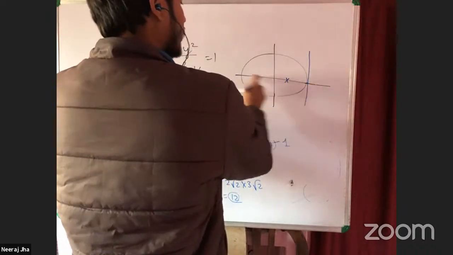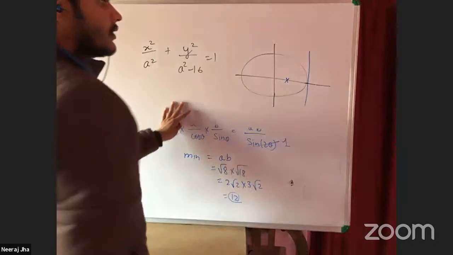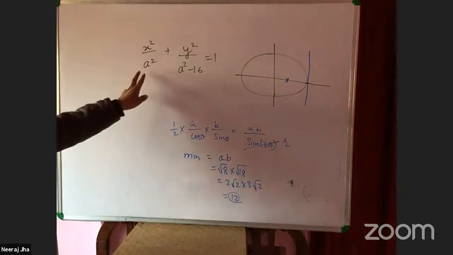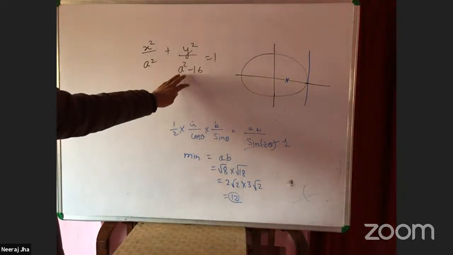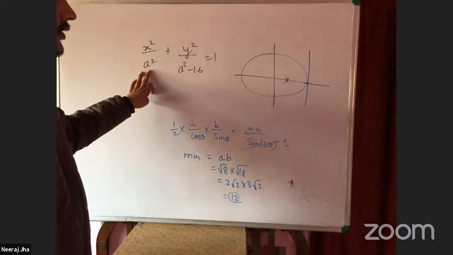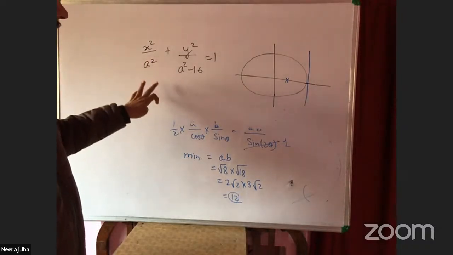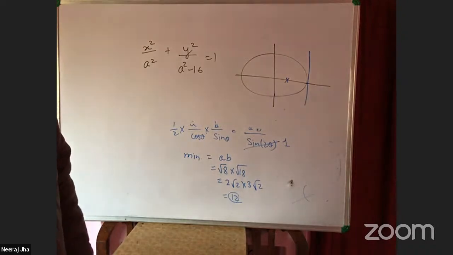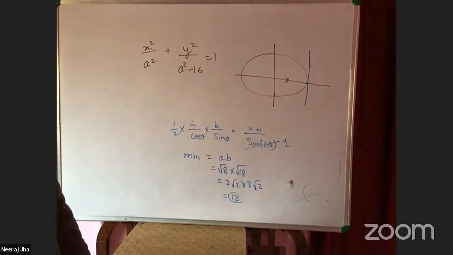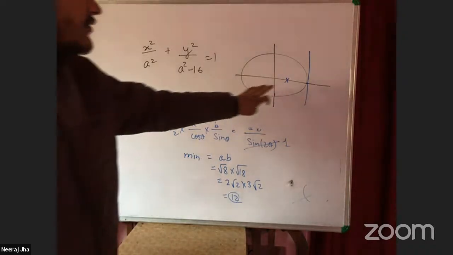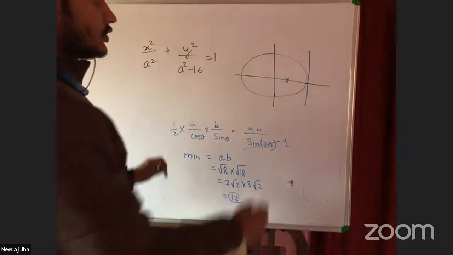It can be like this or it can be over here also. That we have to identify. This will be greater than 4, I mean a square minus 16. This will be bigger, because it has been given that a is greater than 4. That means this distance is greater than 4 units. So this can be.